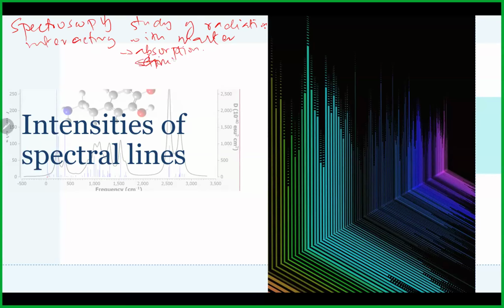So there are two forms of the emission. It can be stimulated or it can be spontaneous. Pardon my beautiful handwriting. And then we said that matter can also scatter radiation because of some inherent properties.